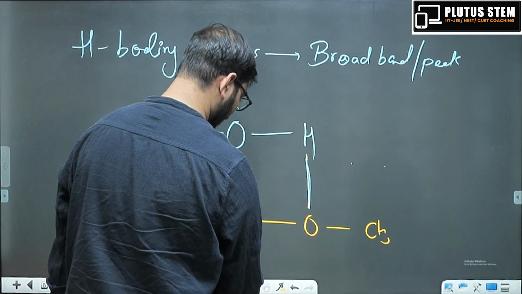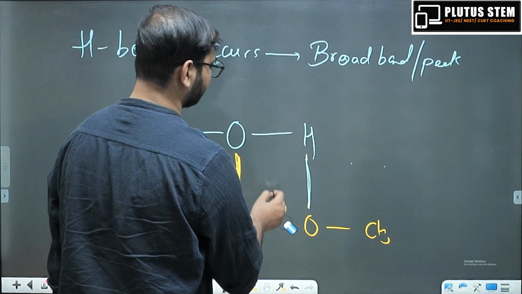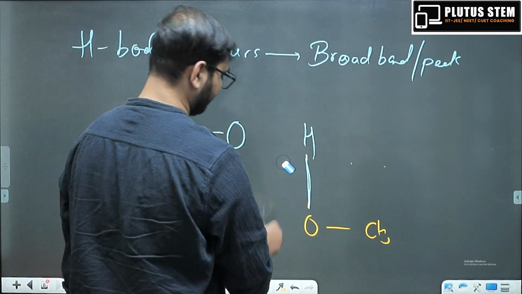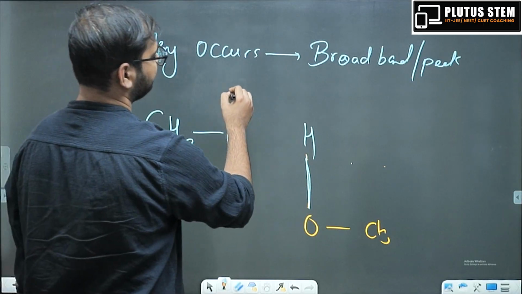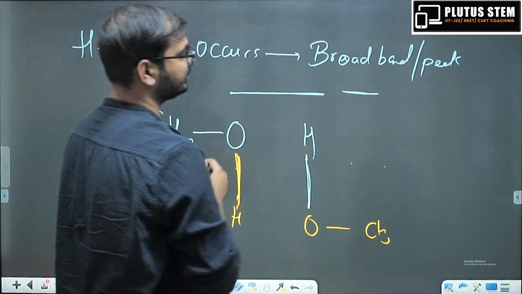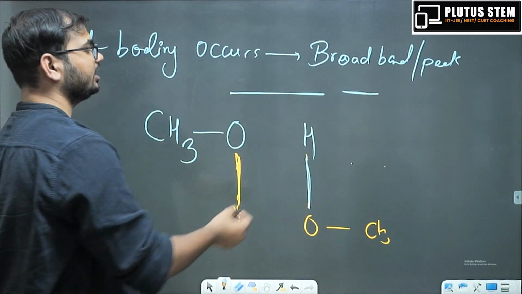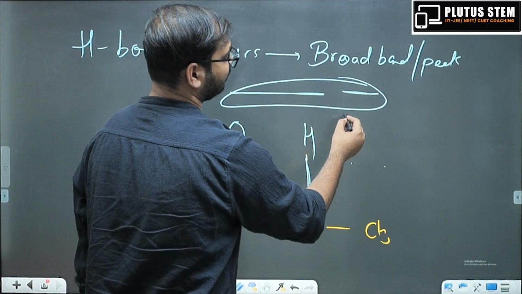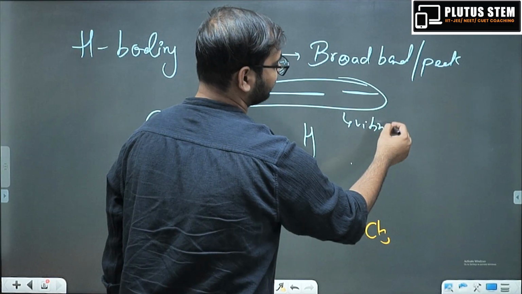Because of proton exchange, there is a continuous bond formation and bond breaking. So the bond length will increase, and then when formed it will decrease. So there is a continuous change in vibrational frequency.